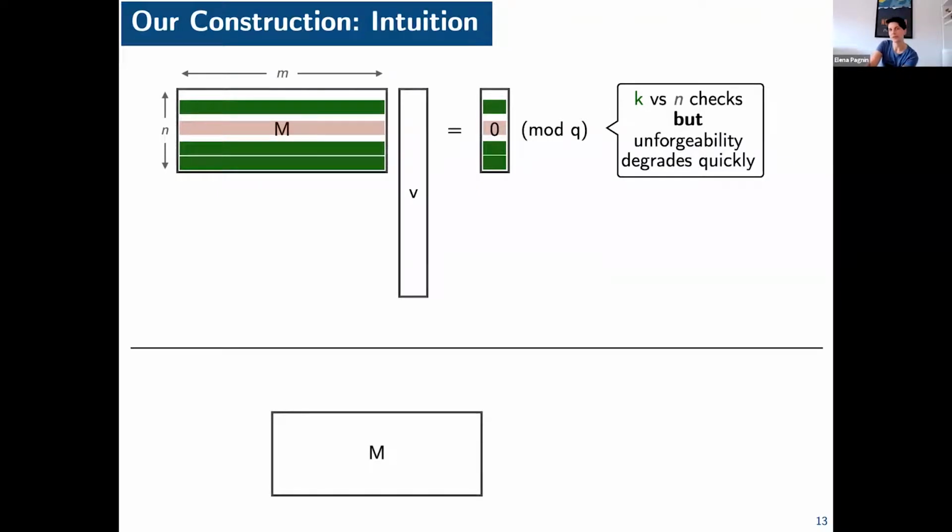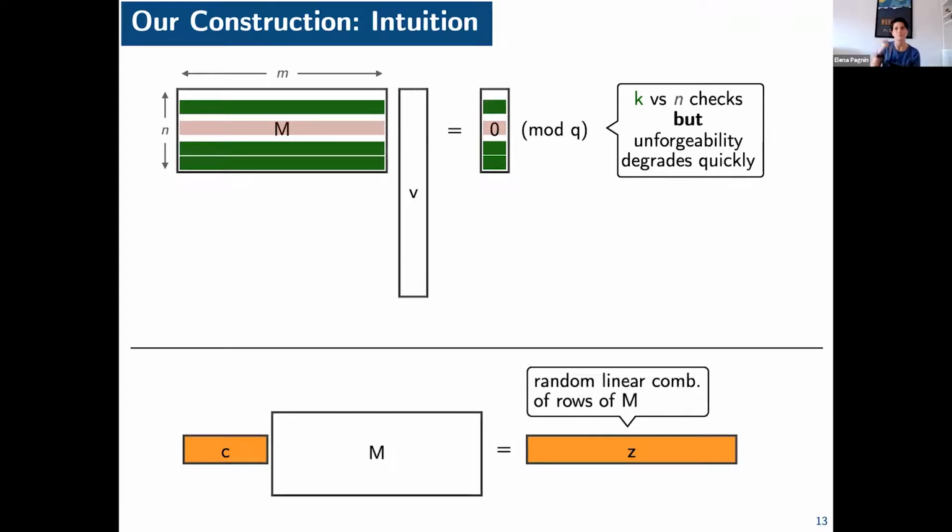The idea is that, if you give me a matrix, I can multiply on the left this matrix by a random vector and get a vector Z, which is a random linear combination of the rows of the matrix M. This means that Z in itself, information theoretically, contains information about every row of M. Now, if I check Z against V, I get only one element mod Q, but the probability of this passing verification when V is actually a forgery is very small, because it contains information potentially from all of the rows of M. So if there was one row of M that I would identify, for instance, the second one in the top example that is red, that one is wrong.